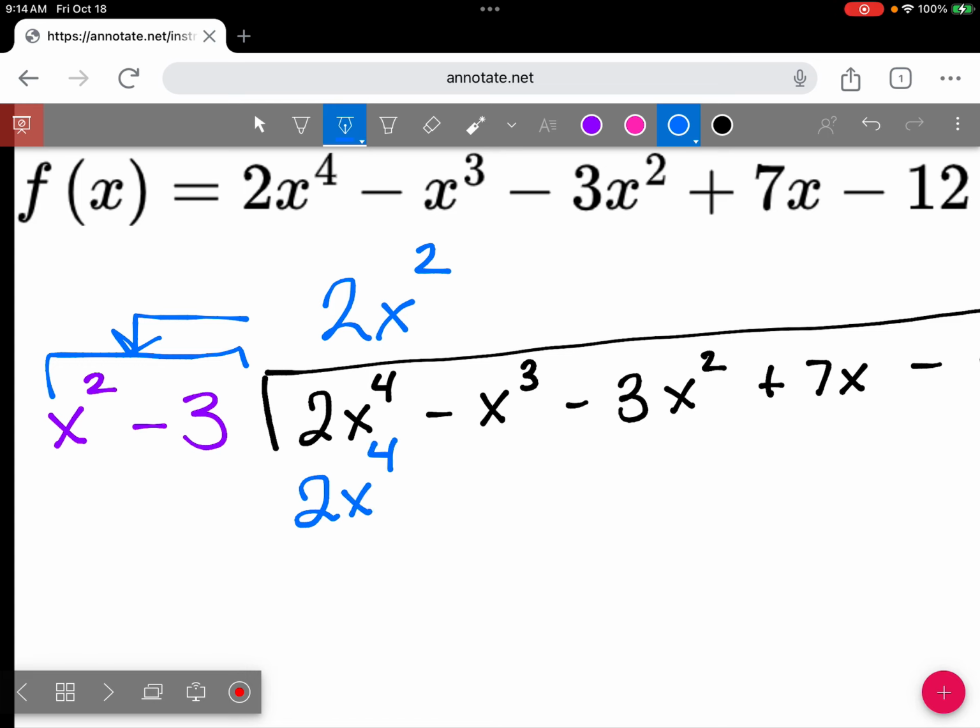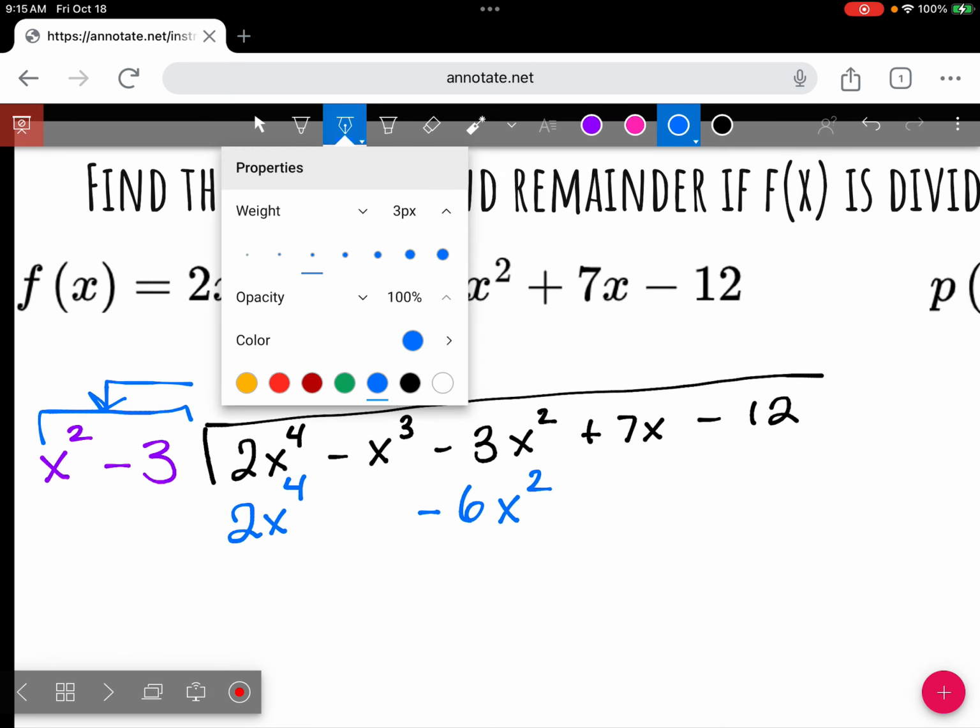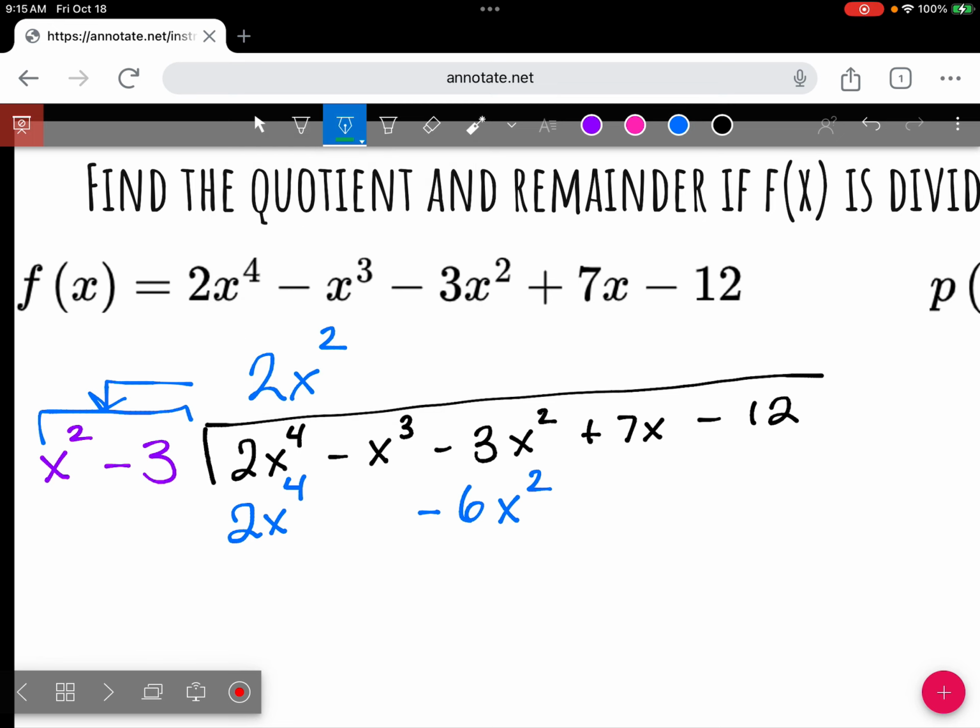And 2x squared times minus 3 gives us minus 6x squared. And I'm going to skip and put it over here so it lines up with the x squareds, because now I need to subtract these down into my next line.